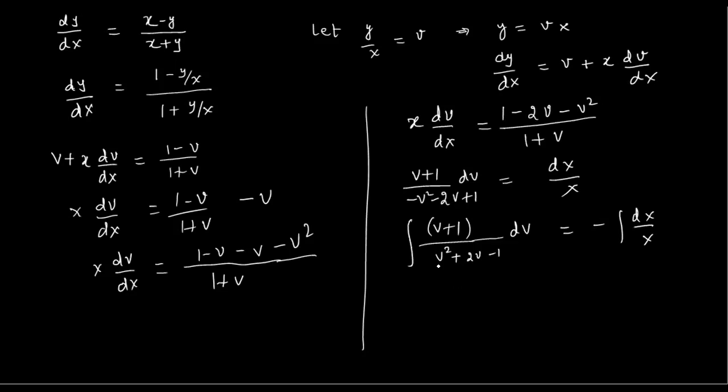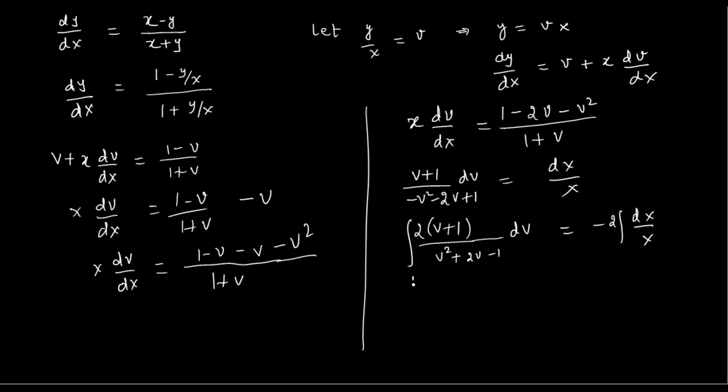Now, if we assume our denominator to be t, so we get 2v plus 2. So we can multiply both sides by 2 simply. So we can rewrite this as 2 times v plus 1 over v square plus 2v minus 1 equals to minus 2 times dx over x. Now, if we take the denominator t, then the numerator is basically the derivative of t.